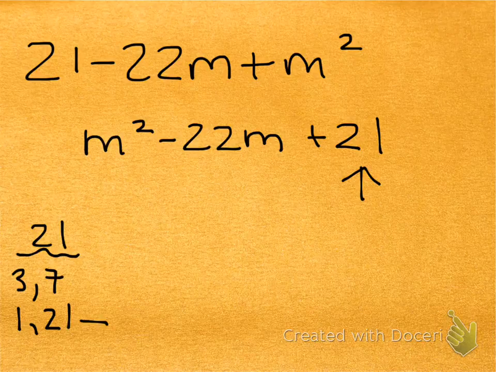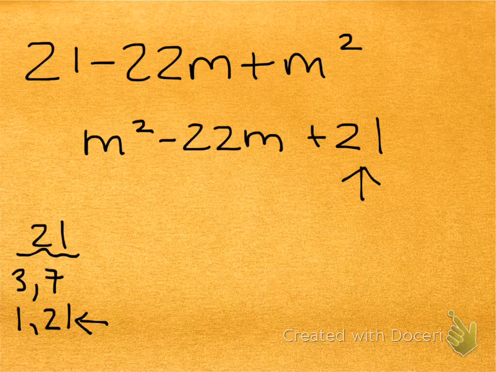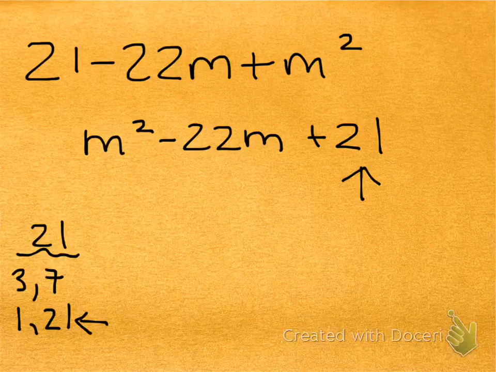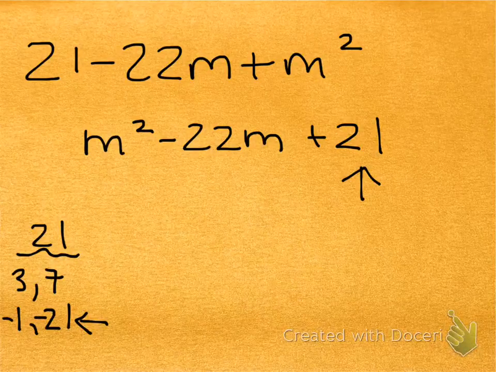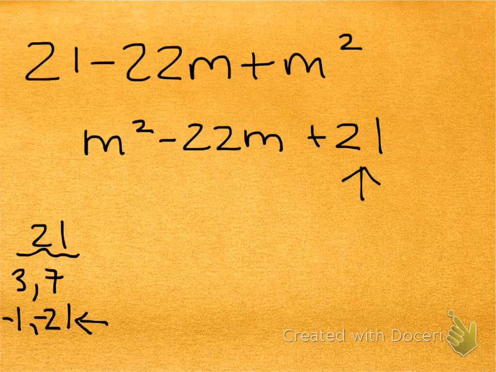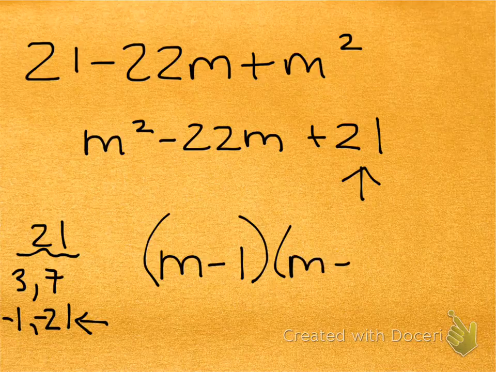The only way to do that is to use 1 and 21, but it needs to be negative 22 and positive 21 when I multiply. So that means both of the factors are going to need to be negative. So I have m minus 1 and m minus 21.